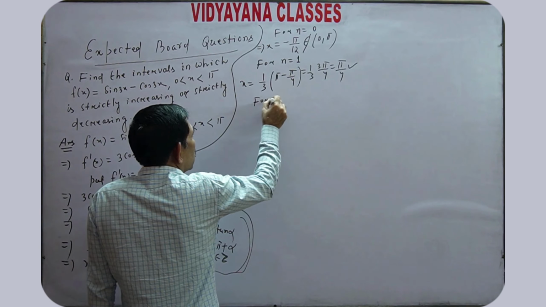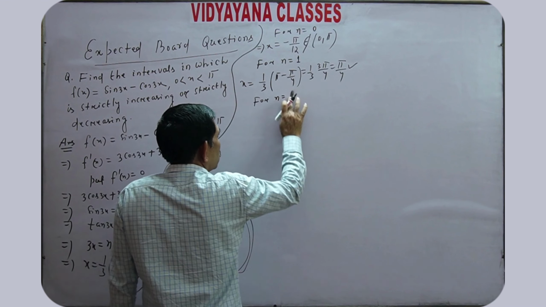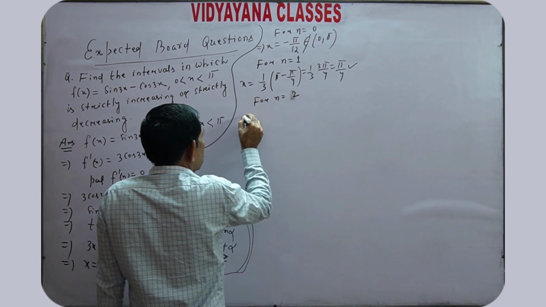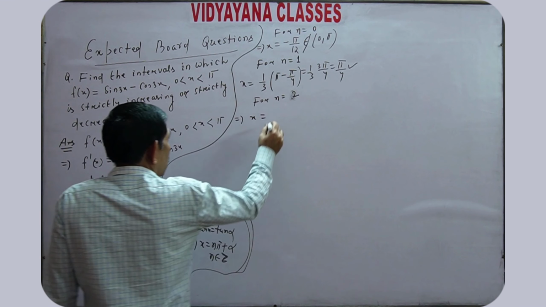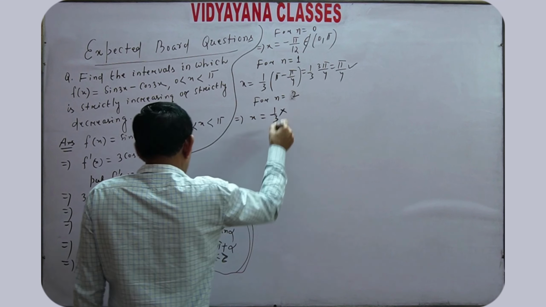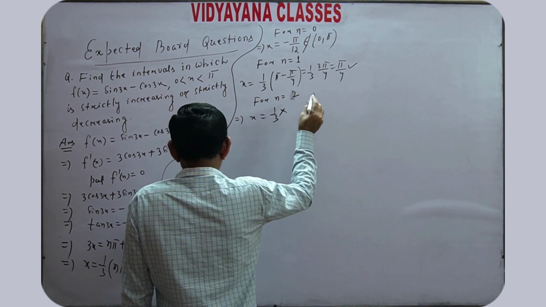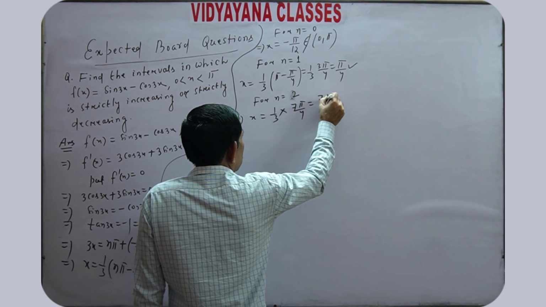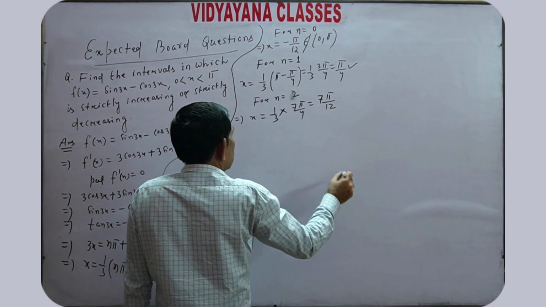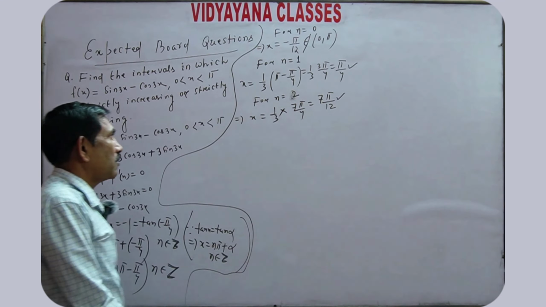For n is equal to 2, x is equal to 1 by 3 of 2 pi minus pi by 4, that is equal to 7 pi by 12. 7 pi by 12 belongs to 0 to pi. It is also true.